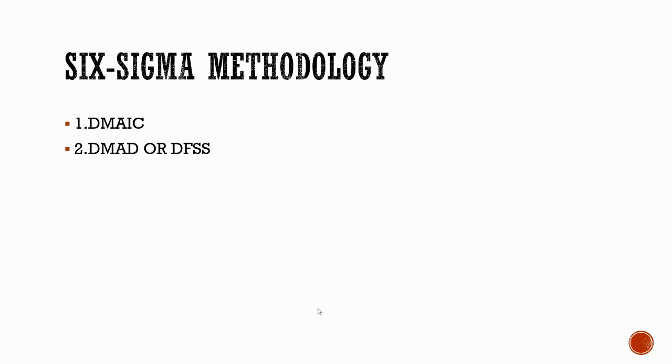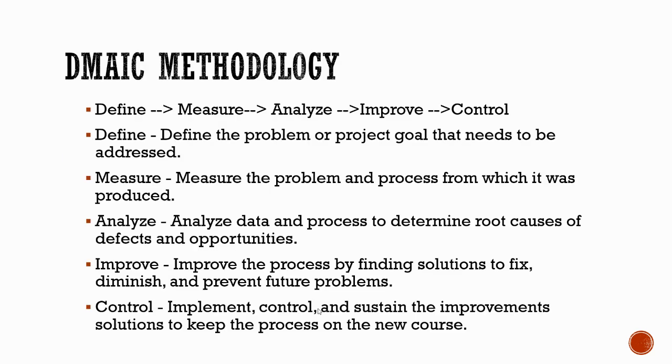Now, Six Sigma methodologies: DMAIC and DMADV or DFSS. DMAIC stands for Define, Measure, Analyze, Improve, and then Control. Define means here we are defining the problem or the project goals that need to be addressed.